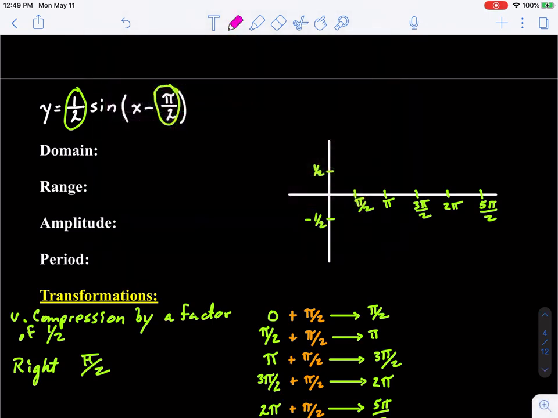Now, normally our graph started right here, but because we are shifting to the right pi over 2, this point on the central axis is now going to start right here. So we go from here to the high point, back to the central axis, to the low point, back to the central axis again. So we always go up, and following the curve right here.